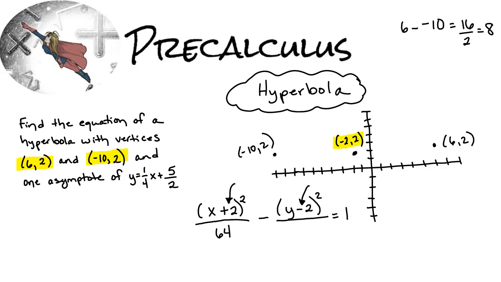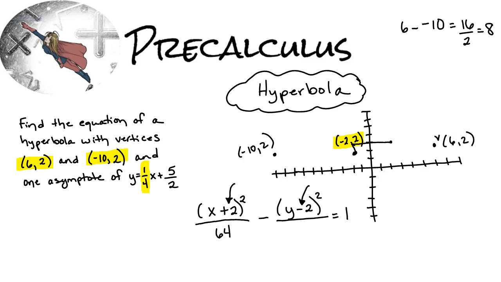Now the harder part to figure out is the y radius. The way you could figure out the y radius is from the slope of the asymptote that they gave you. The slope of the asymptote they said was 1/4. So what that means is from my center point, I would count up 1 over 4. 1, 2, 3, 4. That would take me to here. But I have to keep counting until I get in line with the vertex.